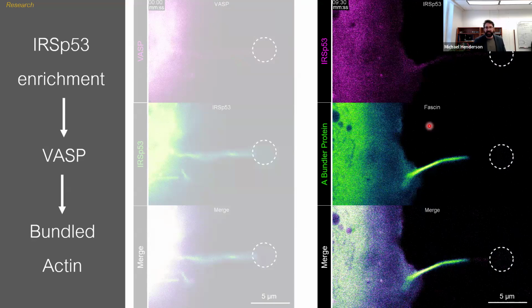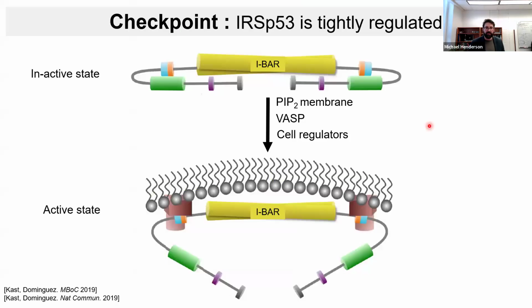So we really see that this protein is, again, key in recruiting key actin machinery, and it seems to be regulated within the cell very tightly. When the cell is at the front actively mediating its membrane remodeling, the protein appears to be in some sort of active conformation, allowing these protein-protein interaction modules to be free and bind with VASP.